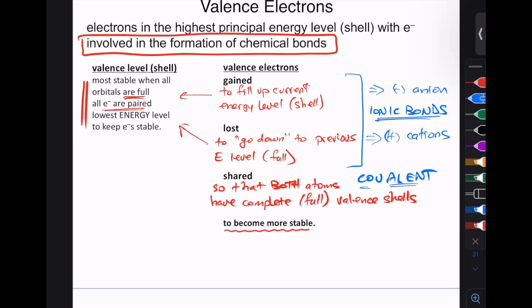Sometimes the noble gases are called inert gases. These define the most stable electron configuration for a given energy level.